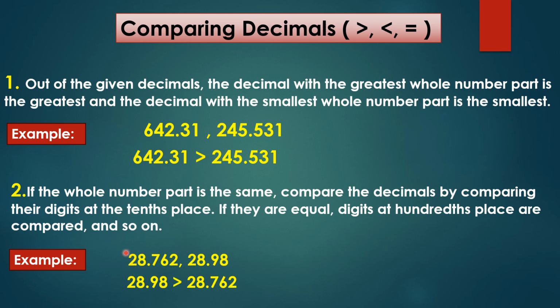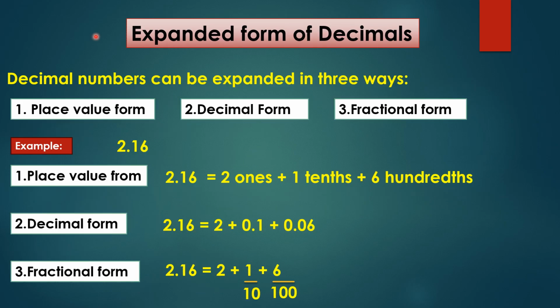So we compare their digits at the tenths place. So 9 is greater than 7. That's why 28.98 is greater than 28.762.